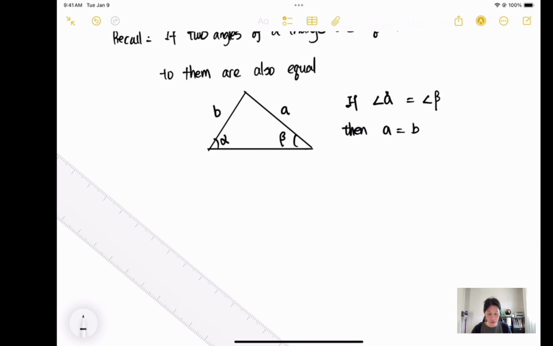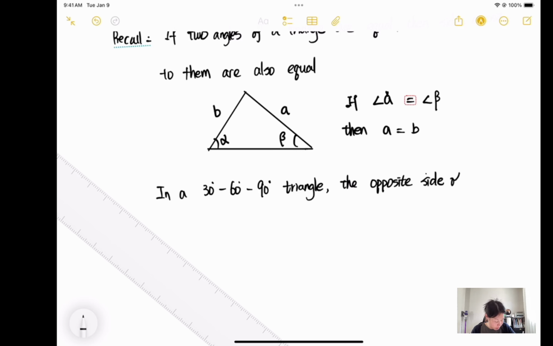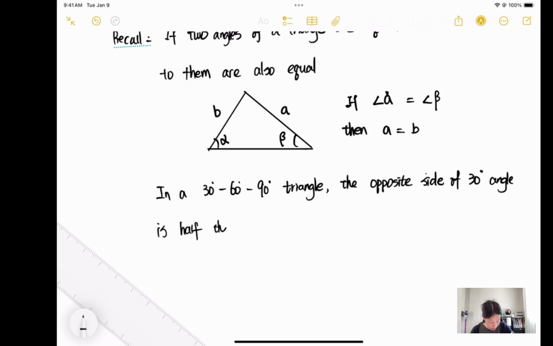The second thing I want to recall is if we are in a 30-degree, 60-degree, and 90-degree triangle, the opposite side of the 30-degree angle is half the length of the hypotenuse.